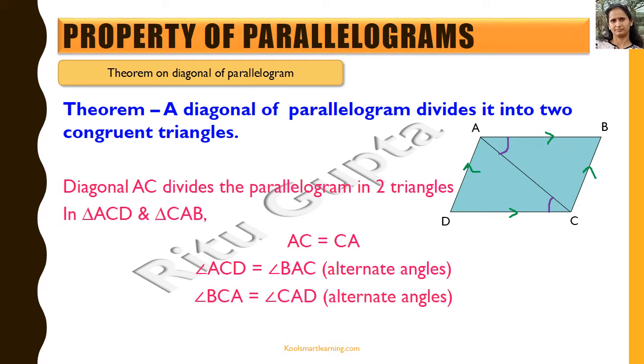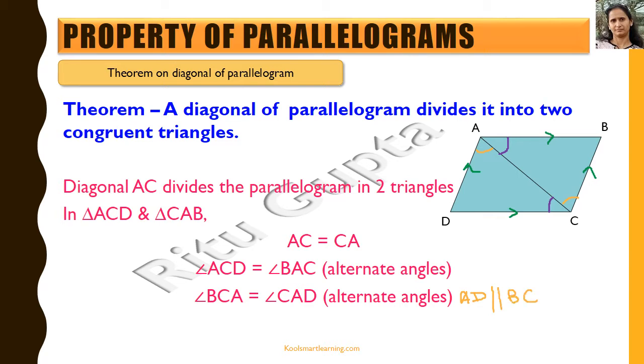Similarly, angle BCA will be equal to angle CAD. These are also alternate angles with AD parallel to BC and AC as the transversal.